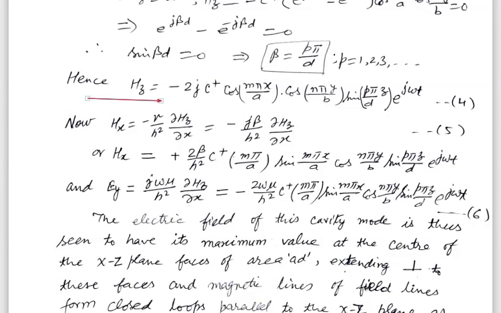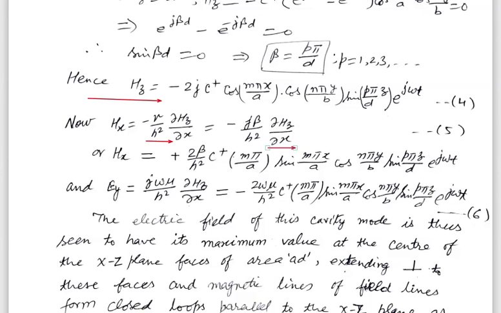Hx is given by minus gamma upon h square, del Hz over del x, and when gamma equals jβ, Hx will be given by equation 5.